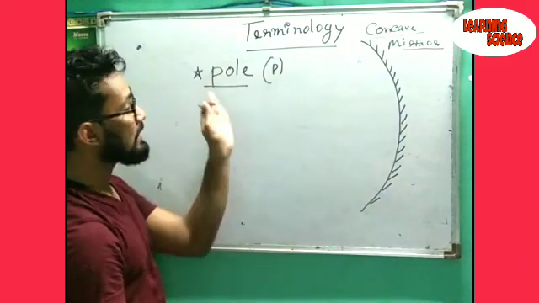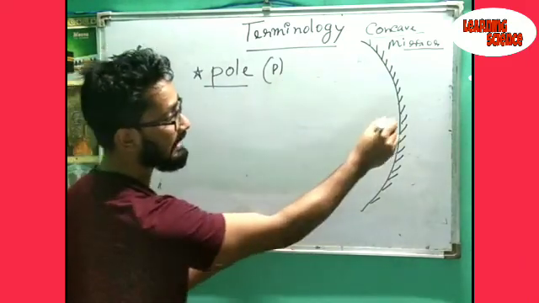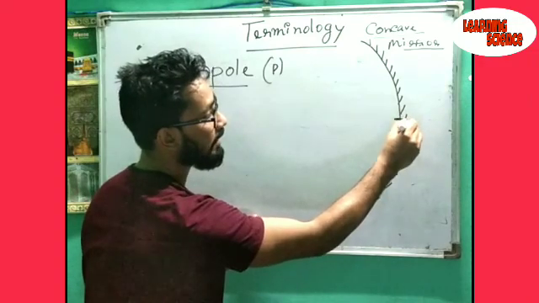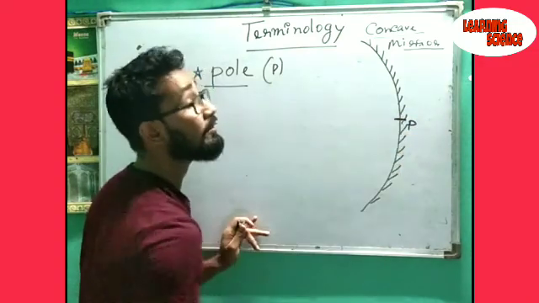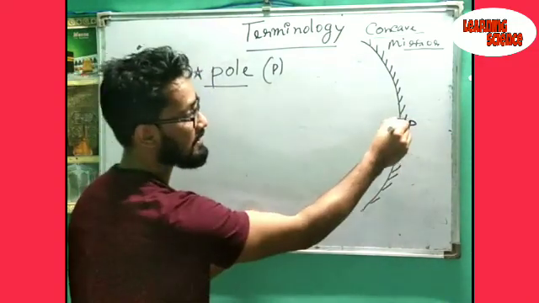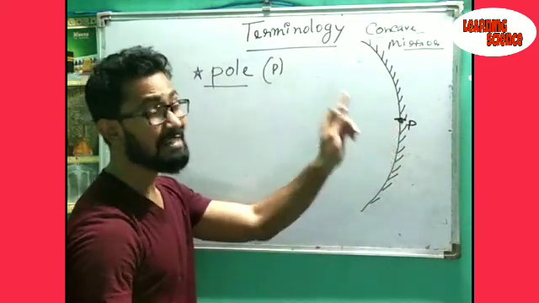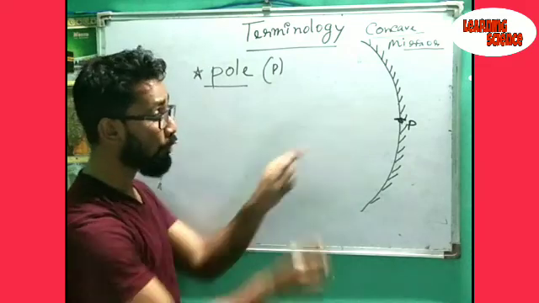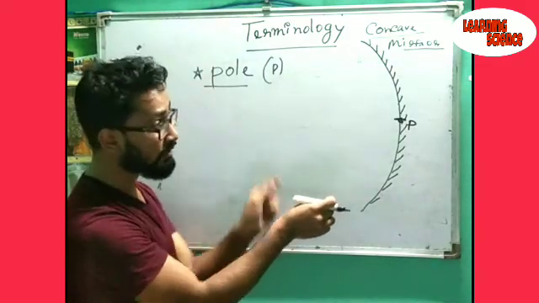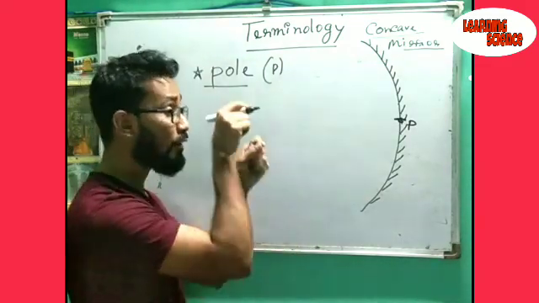Now, what is pole? Pole is the center of the mirror. Say our mirror is 10 meters long. This will be the mid center of the mirror. Pole is a point on the reflecting surface of the mirror.